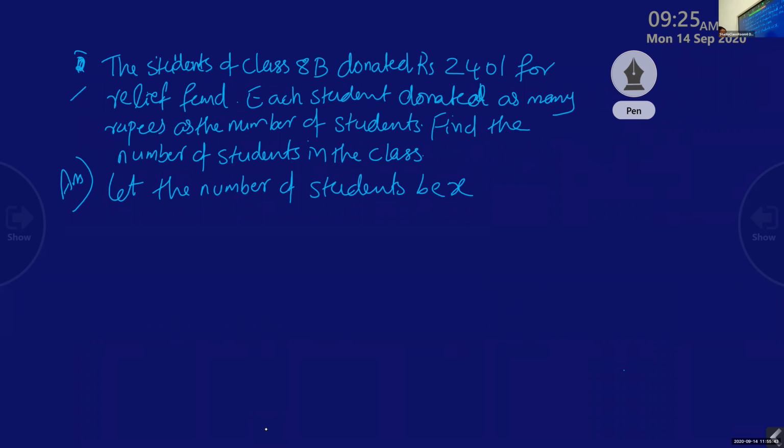And the total amount donated by the class is equal to 2401 rupees.